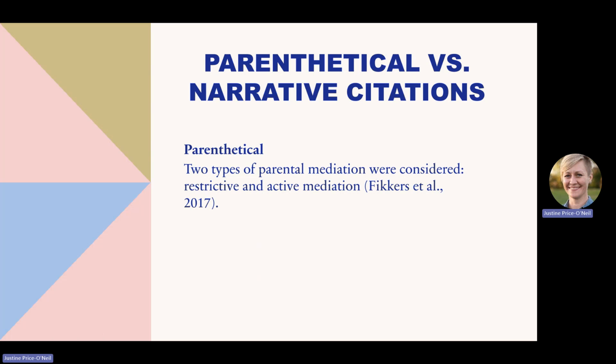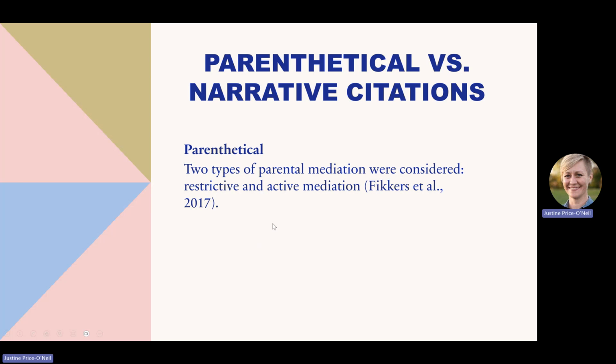Now, when you're citing within your text, there are two ways you can do it. They're called parenthetical citations and narrative citations. The parenthetical just appears at the end of your sentence. So in this case, we have some paraphrased information here in the sentence. In parentheses, I've got the author. In this case, I have three or more authors, so I'm including the et al.